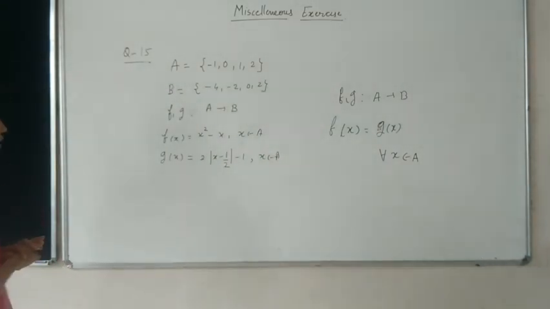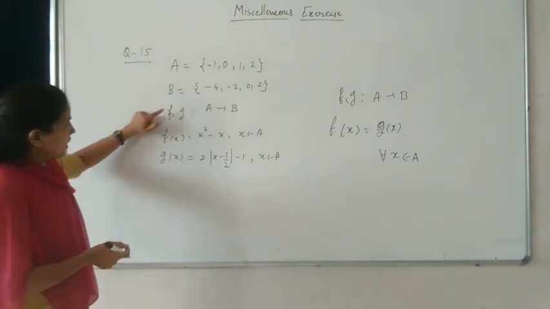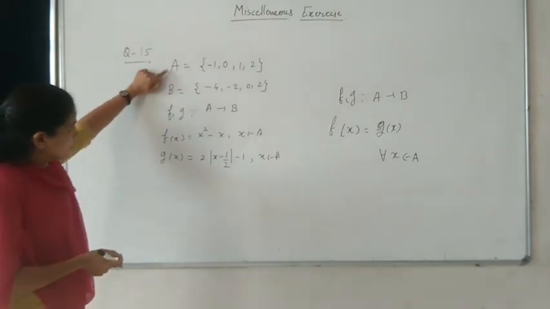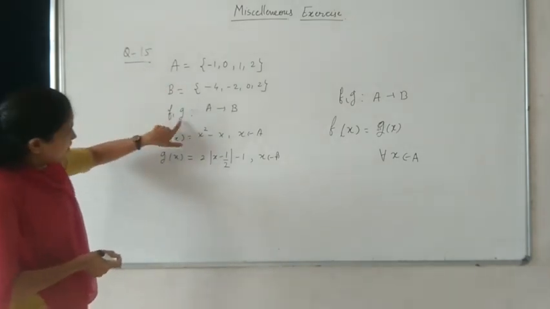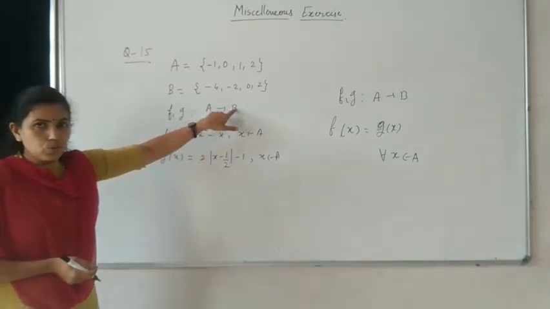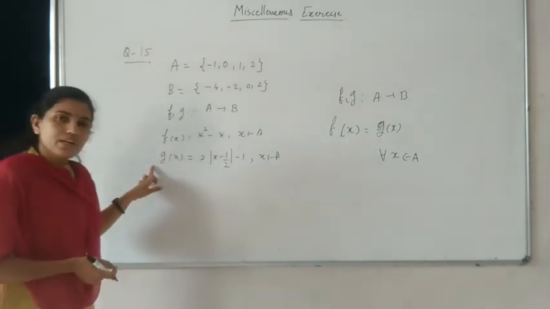This is the definition of equal functions we studied in 11th standard. So here we have sets A and B, and f and g are both functions from A to B, with f(x) and g(x) defined.